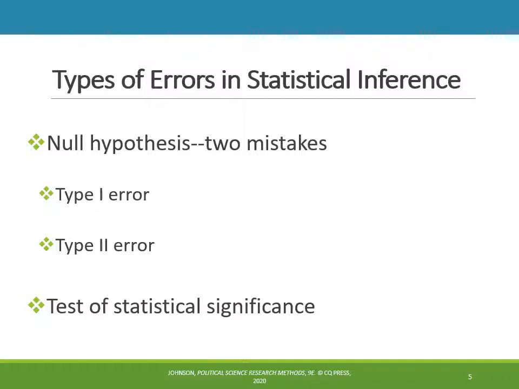We usually set it at a 95% confidence level, right? So we decide that we want to be 95% sure. That means that there's a 5% chance that we're not right. That 5% chance is our chance of making a type 1 error, which means coming to a conclusion that the null hypothesis is not true when it actually is.